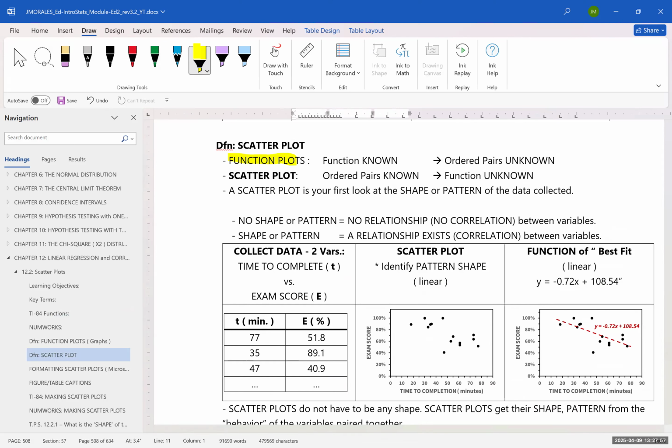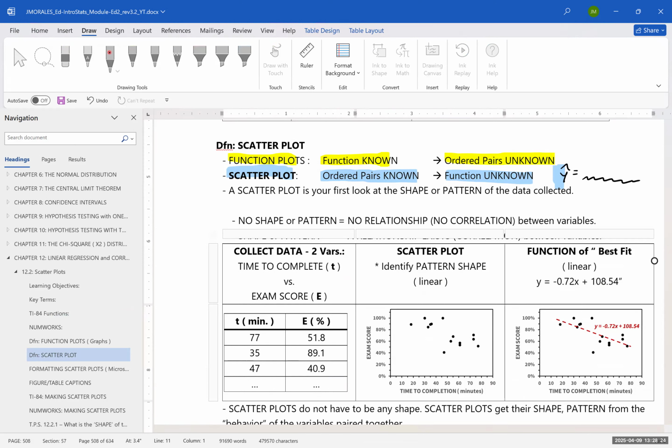With a function plot, the function is known and the ordered pairs are unknown, so we have to find those ordered pairs. But with a scatter plot, the ordered pairs are known, but the function is unknown. So we need to figure out what is this function that goes through these ordered pairs that we know.